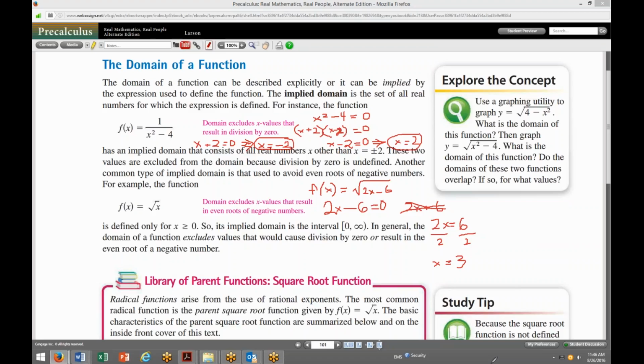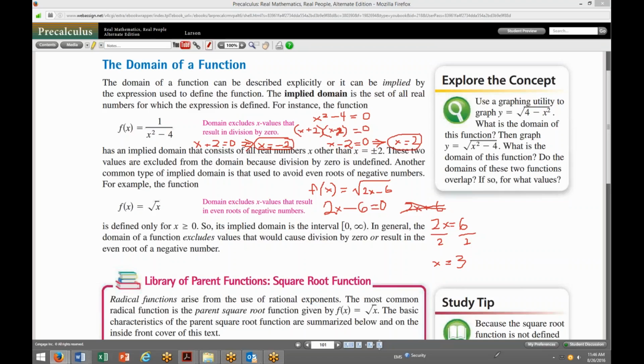If x is 4, then 2 times 4 is 8, 8 minus 6, you're taking the square root of 2, no problem. Square root of a positive number, no problem. If x was 5, 2 times 5 is 10, 10 minus 6 is 4, square root of 4 is 2, so that's perfectly fine.